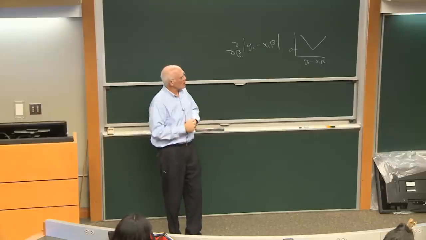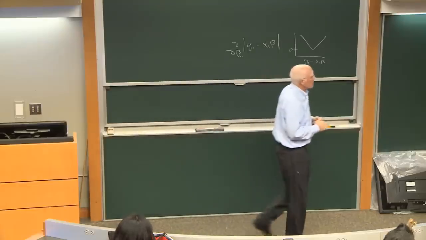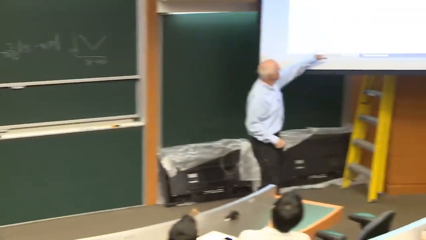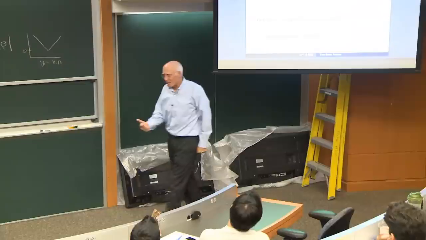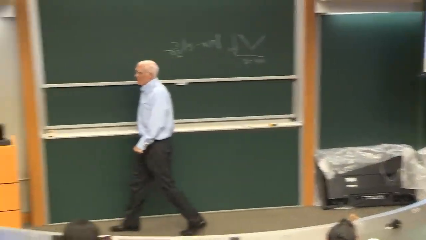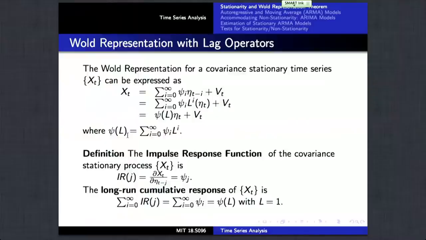The long-run cumulative response is given by the sum of these individual ones, the sum of the psi's. So that's the polynomial psi with the lag operator replaced by 1. We'll see this again when we talk about vector autoregressive processes with multivariate time series.